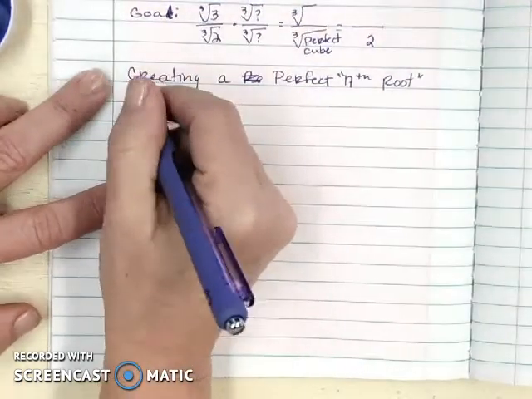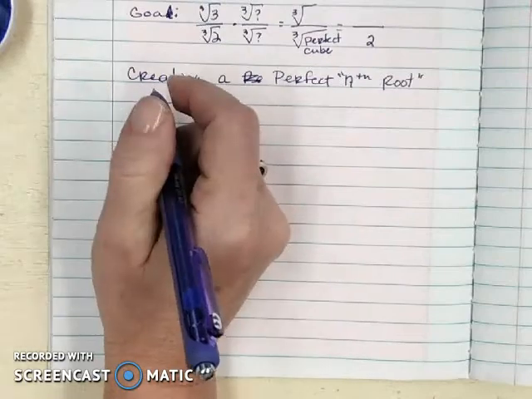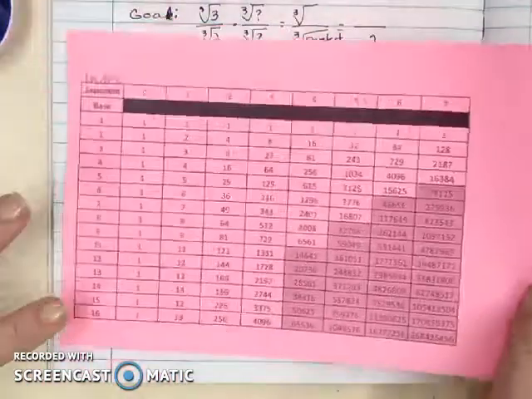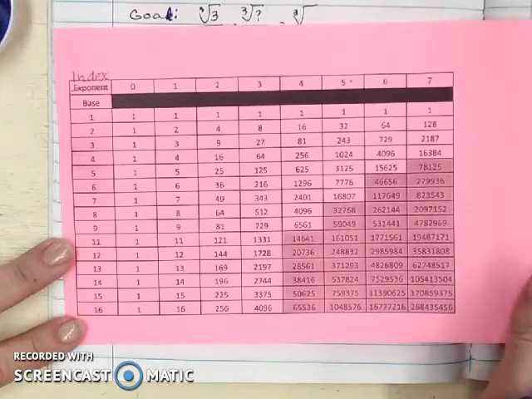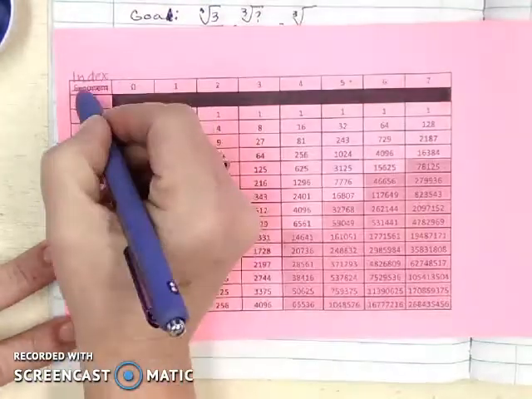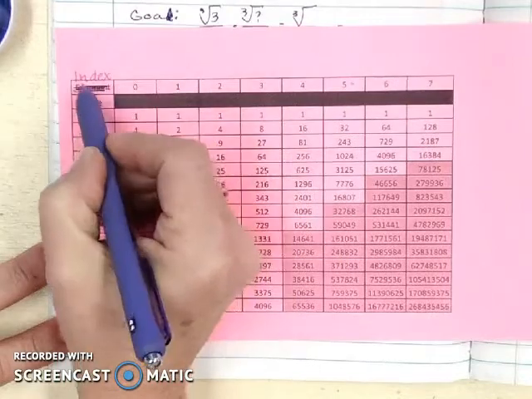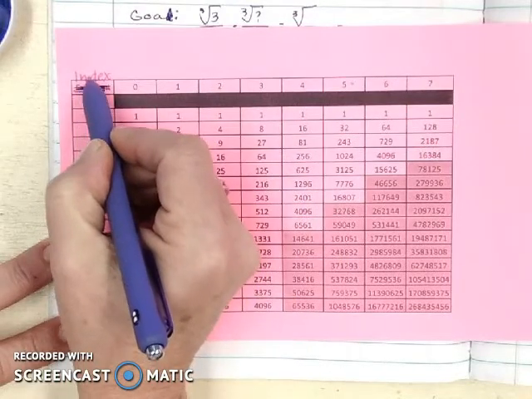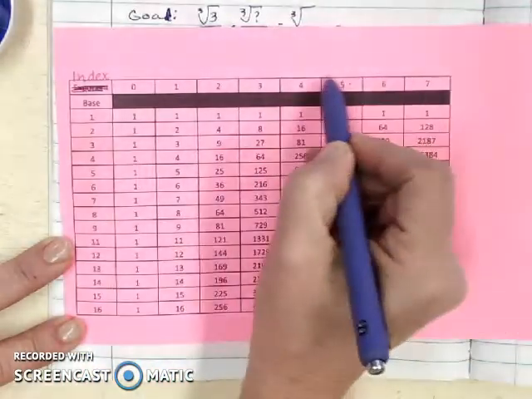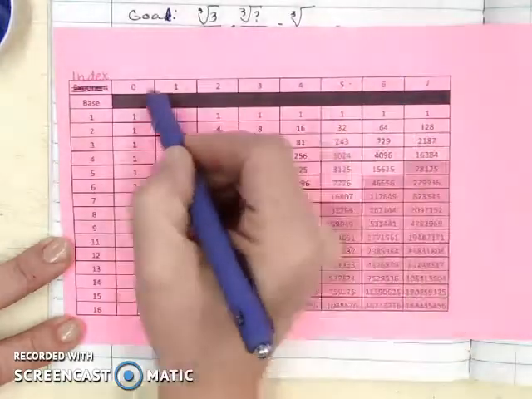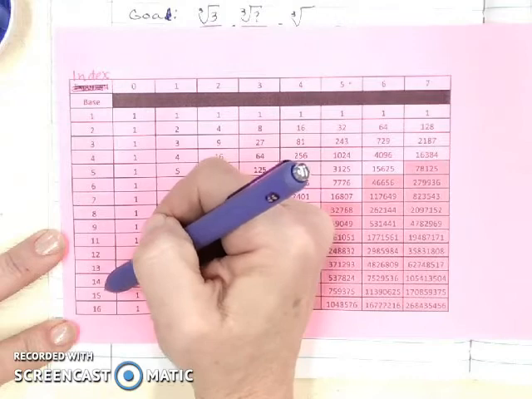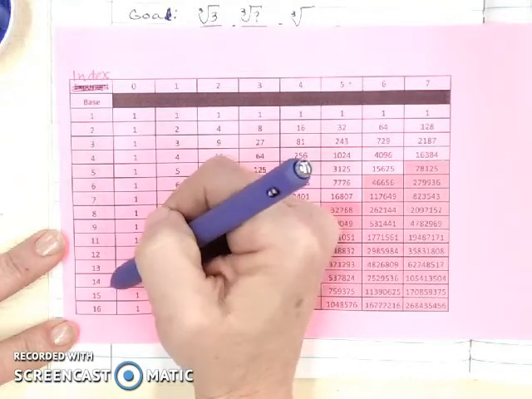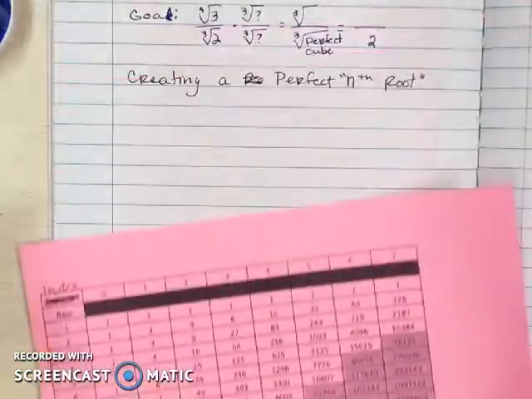I'm just going to do a few. Grab that little graphic organizer that I gave you, and a few of you I've already talked to about this, change that word exponent to index, because these are going to be the index on my radical. This is going to be the number that I'm raising to a certain power. This is going to be my base. You'll see what I'm talking about.